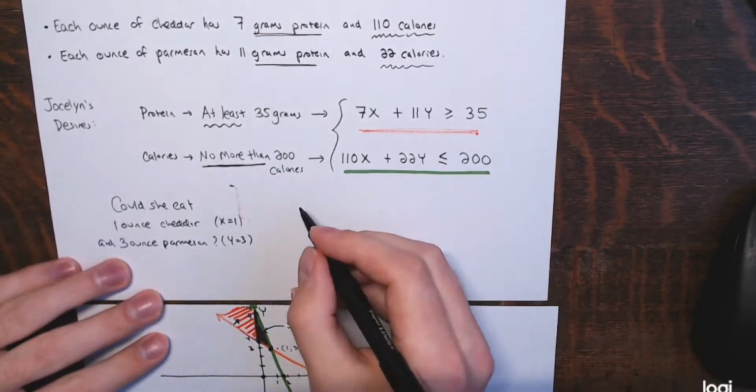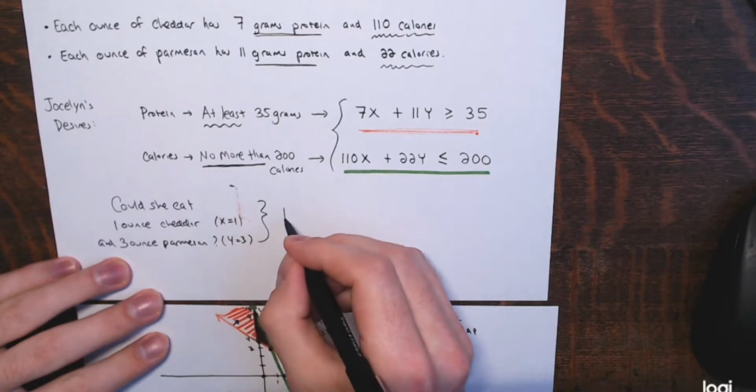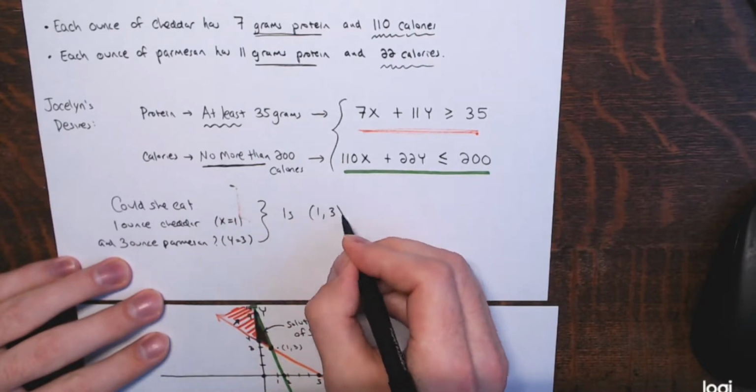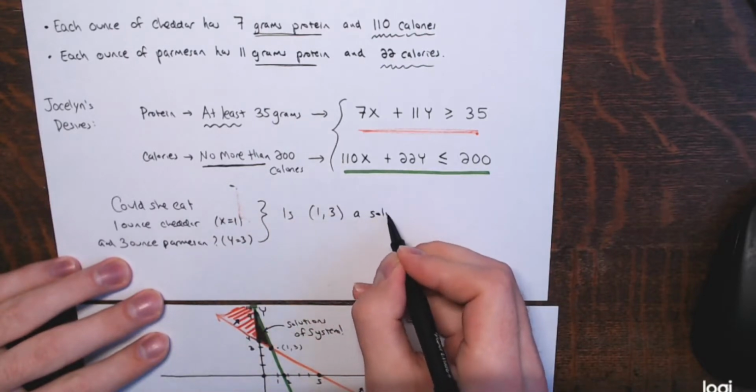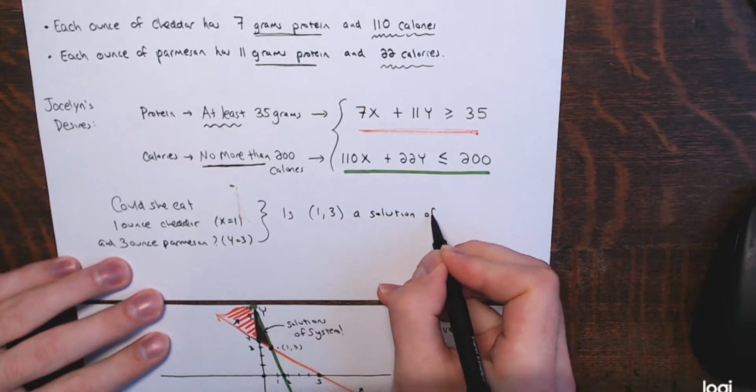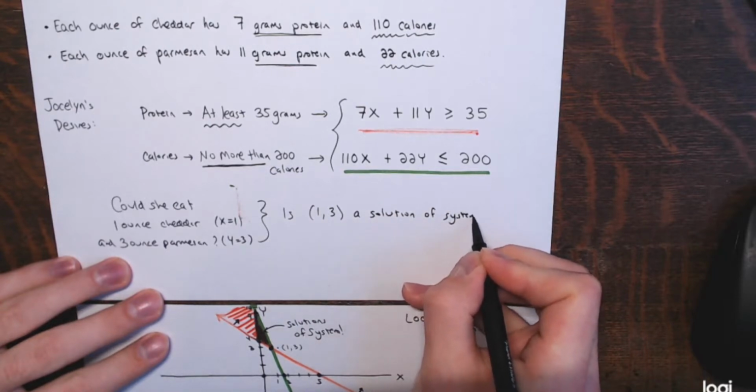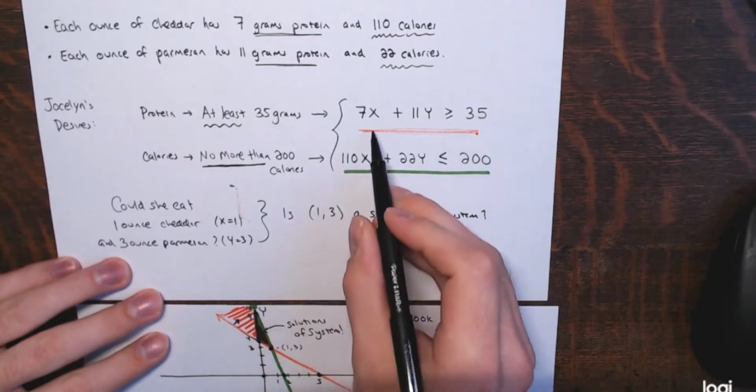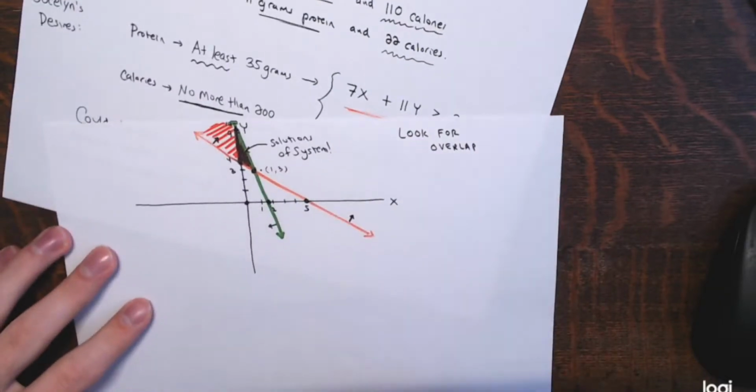So that's the same question as, is the ordered pair (1, 3) a solution of this system? So I plug in 1. Now again, you can look at a graph. Now I'll show you a much better looking picture of this.